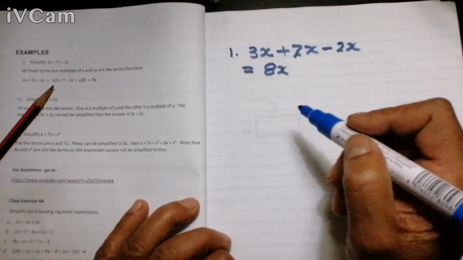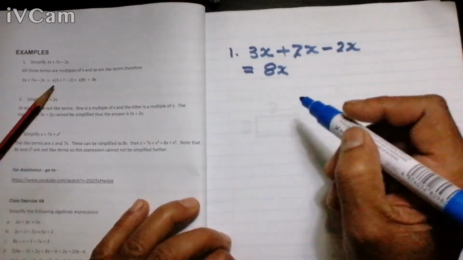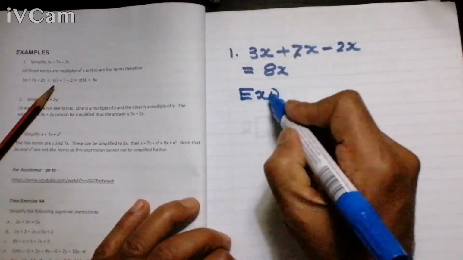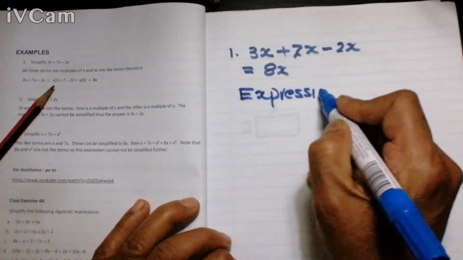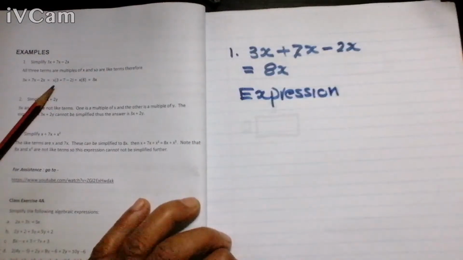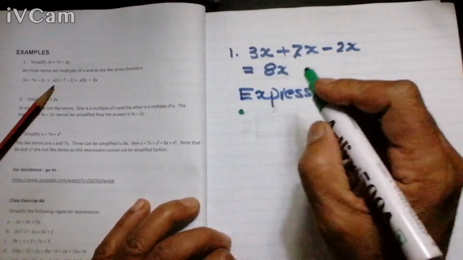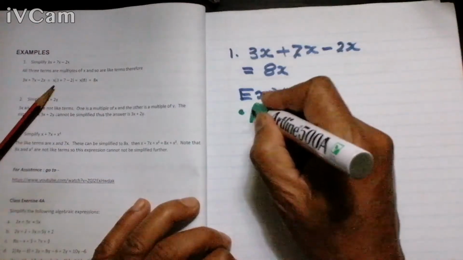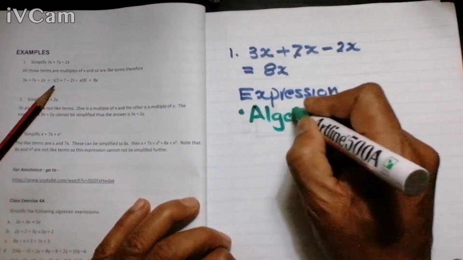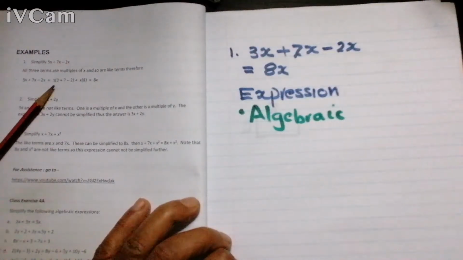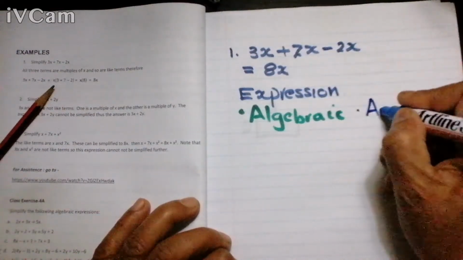So maybe we should start with what is an expression first of all, and recap that an expression can be, first of all, algebraic, which we are dealing with, or it could be arithmetic.